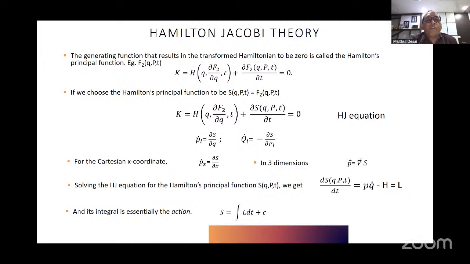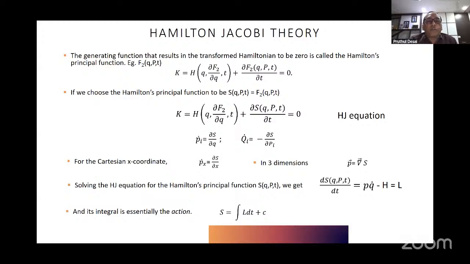And if we choose Hamilton's principal function, which we all know is also called action, as F2, and substitute S instead of F2, then you get the HJ equation. So this is the Hamilton-Jacobi equation, which we get after carrying out the transformation from the old set to the new set. Now, this equation needs to be solved.